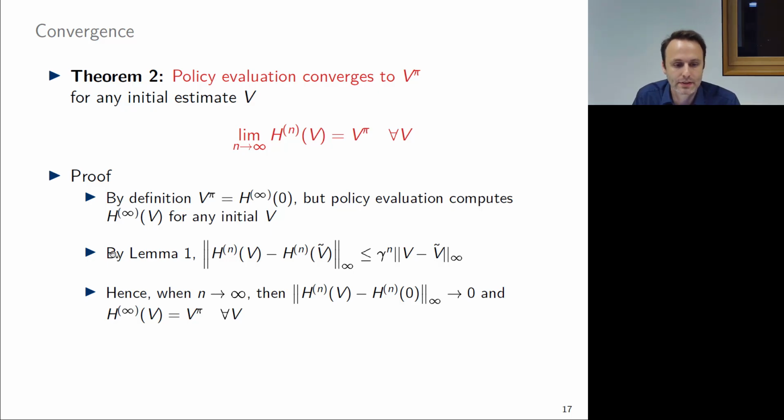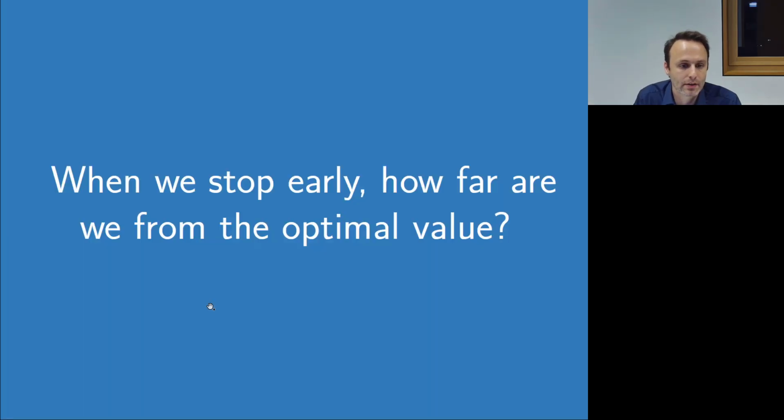So we take lemma number 1, the shrinking of the distance, the contraction mapping, and we can now look at what happens if we apply this many times. Then we have gamma raised to the power of n, and if n goes to infinity, this distance shrinks to 0, and the operator applied infinitely many times at some estimate gives the true one. So that's the convergence.